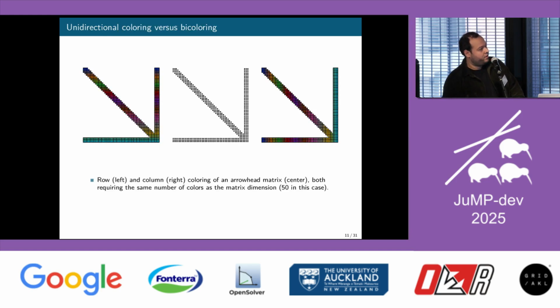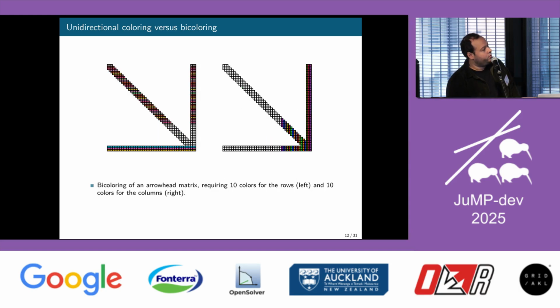And the first example that I have in mind is an arrowhead matrix. So imagine that even if the pattern is symmetric, the non-zeros are non-symmetric, so we cannot exploit any symmetry in terms of non-zeros. And you can see on the left and on the right that if we apply row or column coloring, we cannot do anything because each column or each row will have a different color, since we cannot do any compression here.